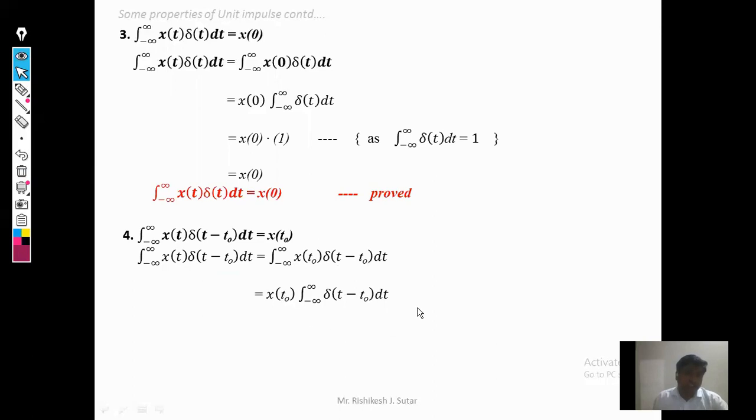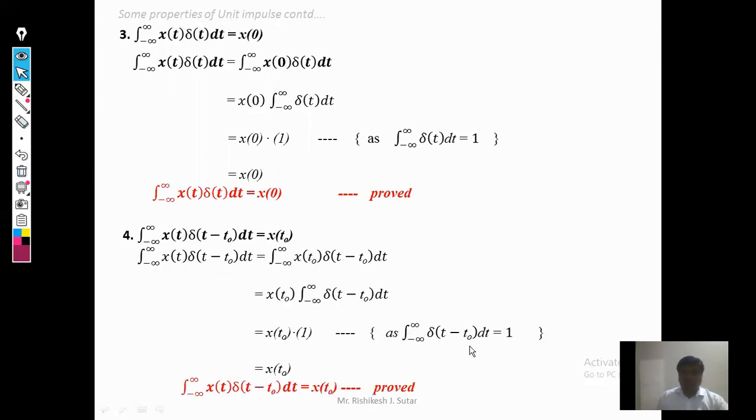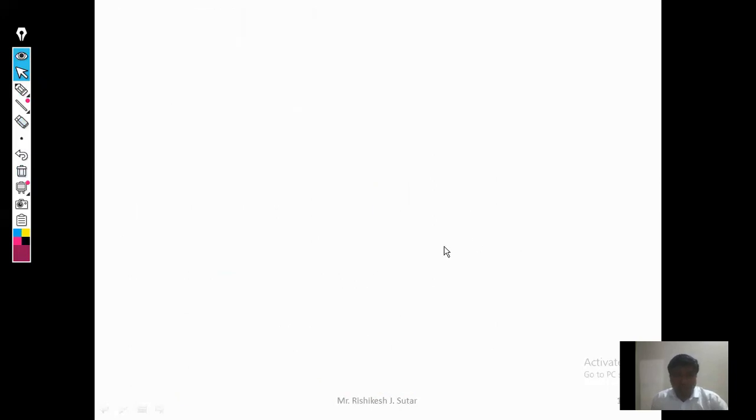What remains is the integration of the shifted version of delta of t dt, which is again equal to 1. So ultimately, the right hand side is x of t0. Okay, so these are the four properties of the unit impulse signal.